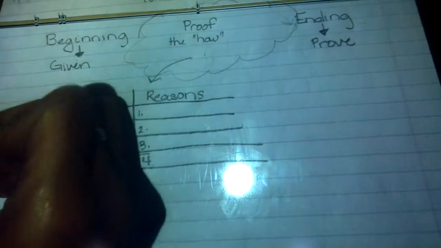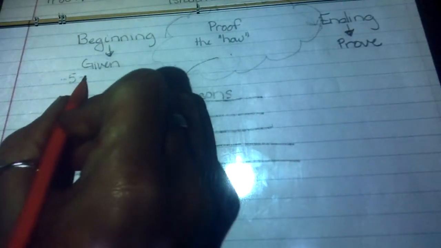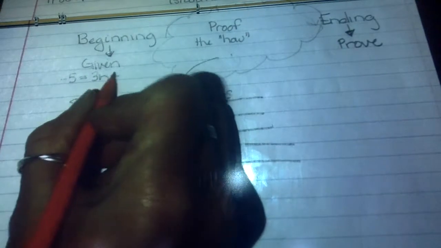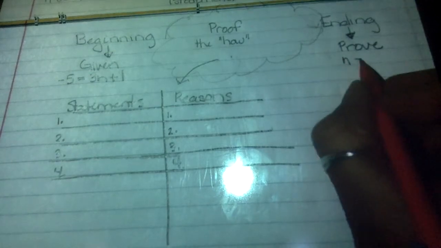Every time you have a proof, it will state the given. And in our case, I'm going to go ahead and say our given is -5 equals 3n plus 1. And I'm going to go ahead and say that our proof statement is n equals -2.